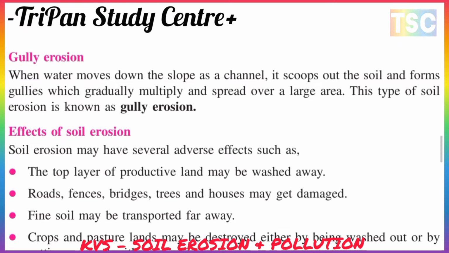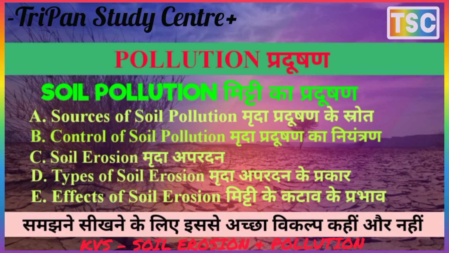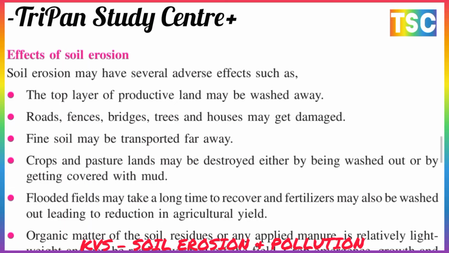And the next is the effect of soil erosion. Soil erosion may have several adverse effects, such as the top layer of productive land may be washed away, and roads, bridges, trees, and houses may get damaged, and the fine soil may be transported far away, and the crops or pasture land may be destroyed.